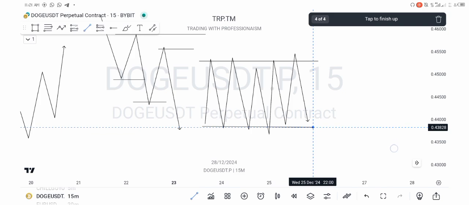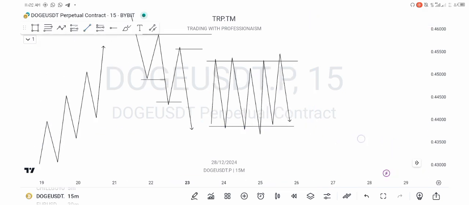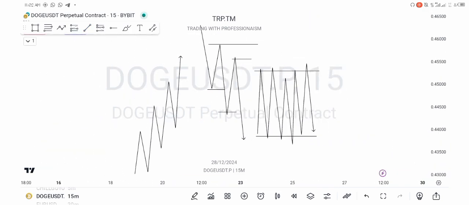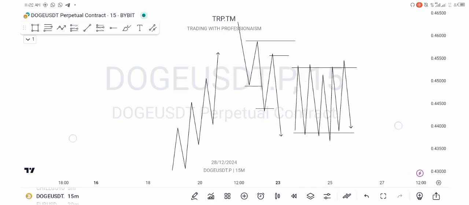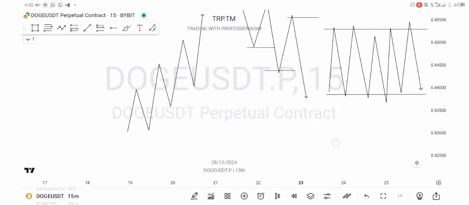So that's it, there's not much. These are trends. Let me write that down.